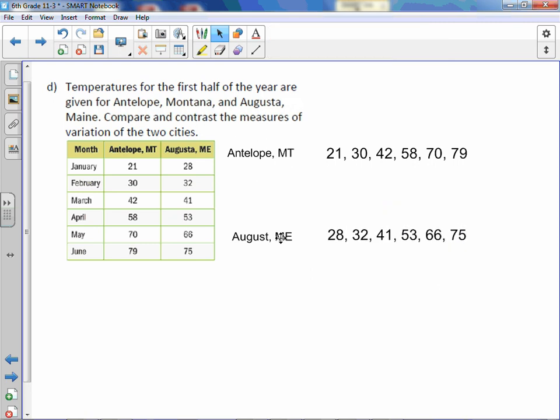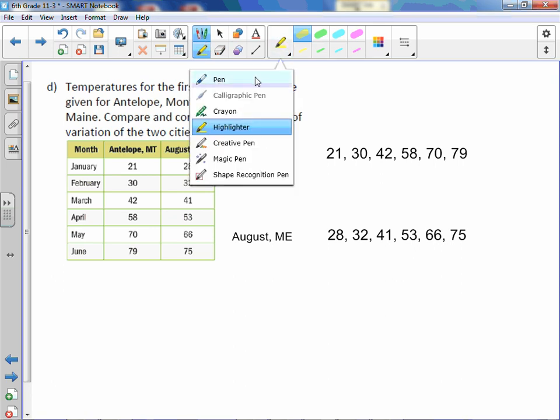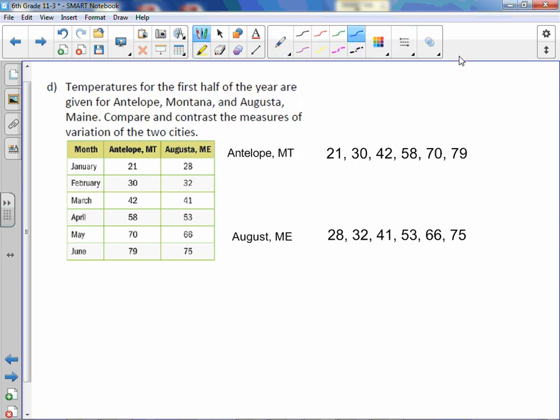Okay. Let's find our 5-number summary. Here we have our minimum and maximum, which is 21 and 79. Our median is between 42 and 58.